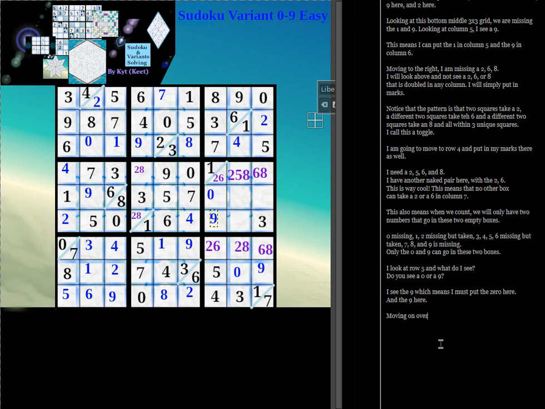Moving on over to column 9, I count 0, 1, 2, 3, 4 is missing, and stop. Why do I stop? I see another naked pair, the 6 and 8 pair.